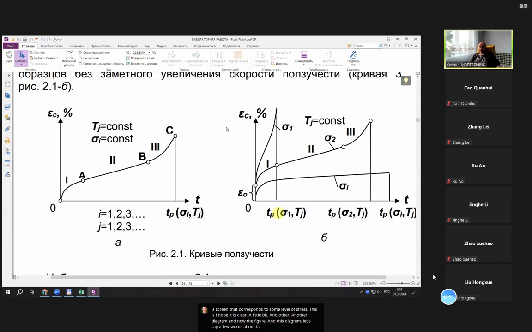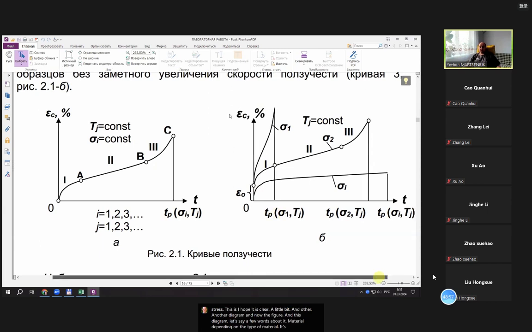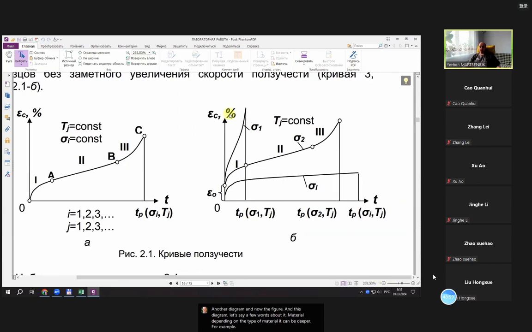Material, depending on the type of material, it can be different. For example, we can detect 3 stages in the creep velocity, in the increasing or changing of the level of elastic deformation, like we have described on the left figure. So here is the curve that corresponds with sigma 2.